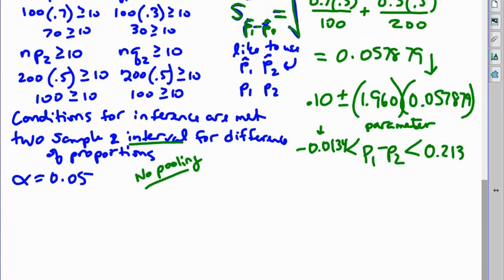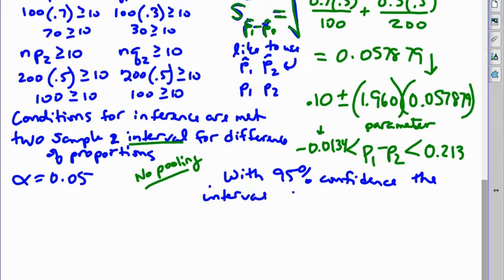So I'm going to write my conclusion. So with 95% confidence, the interval from negative 0.0134 to 0.213 captures a difference in the proportions of homework completion at the two schools.